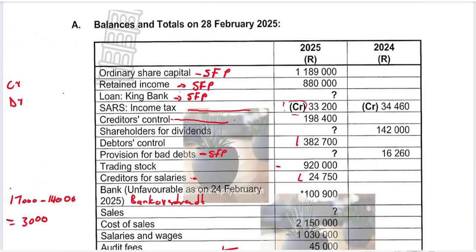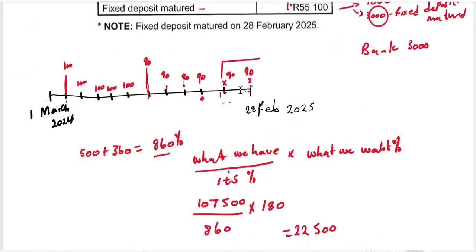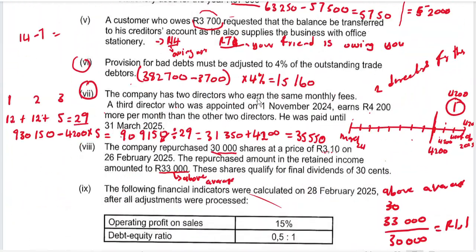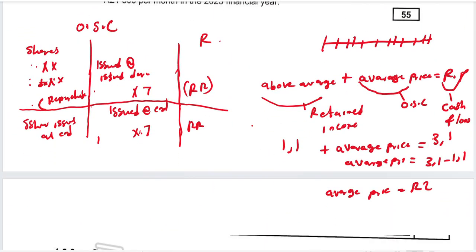Okay, ordinary share capital is 1,189,000. 1,189,000. Let me use a black one. 1,189,000. Do you get me?